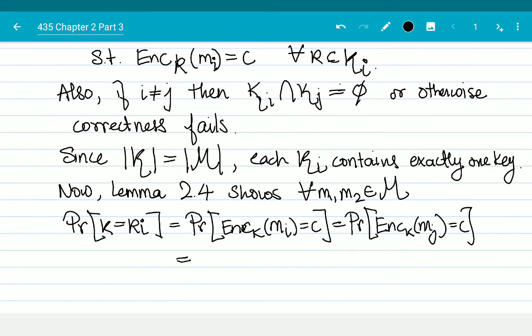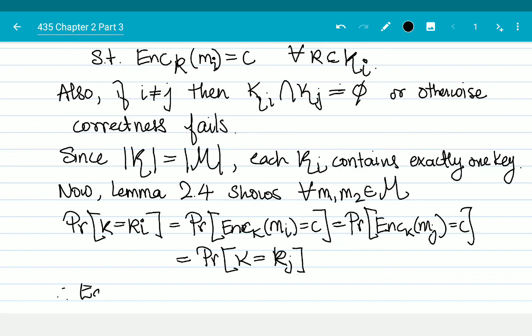And that is equal to the probability that the key is equal to kj, and therefore this means that each key is chosen with equal probability.